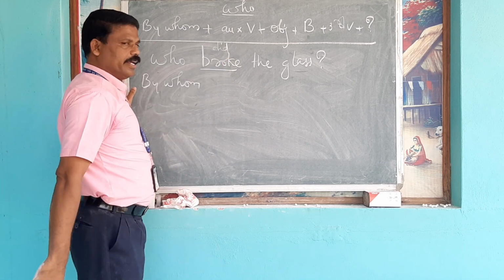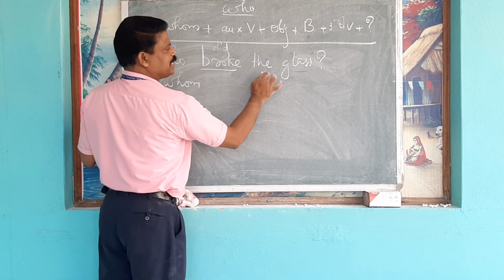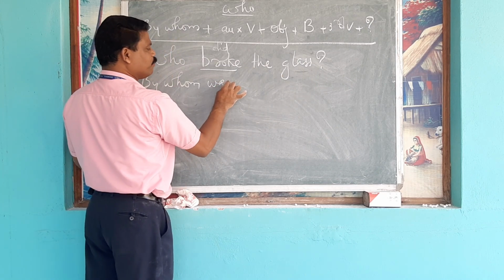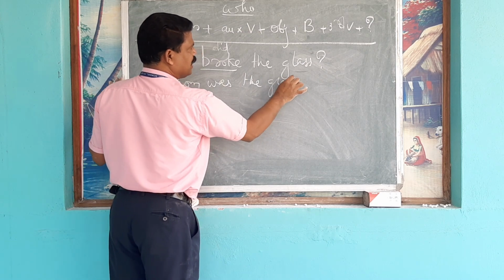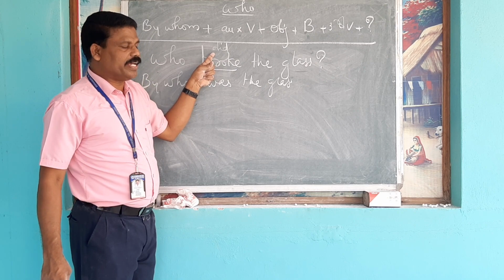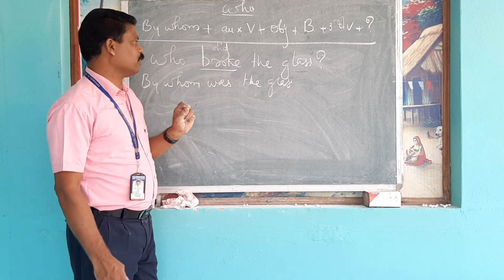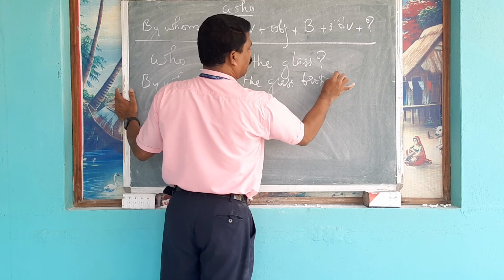And did will be replaced by was or were. Here the object is the glass, singular. By whom was the glass. Then be, being, been: the sentence has did, so we cannot use be, being, been. Then third verb, broken.